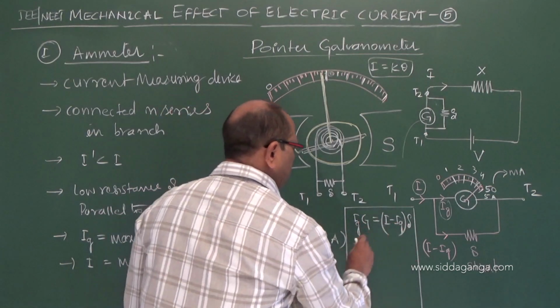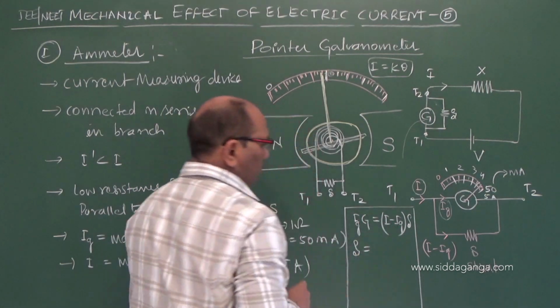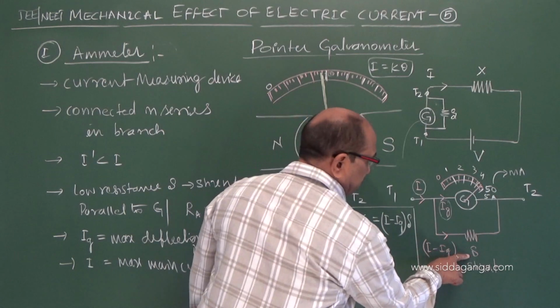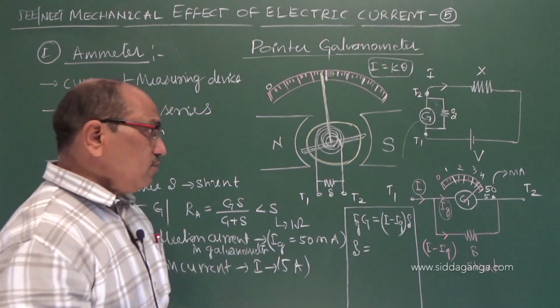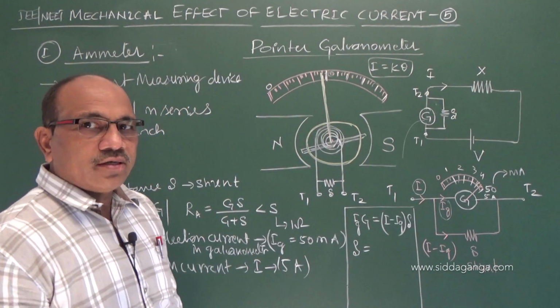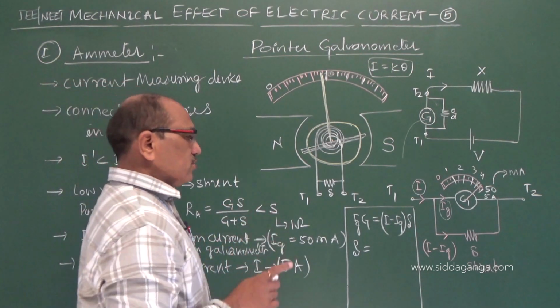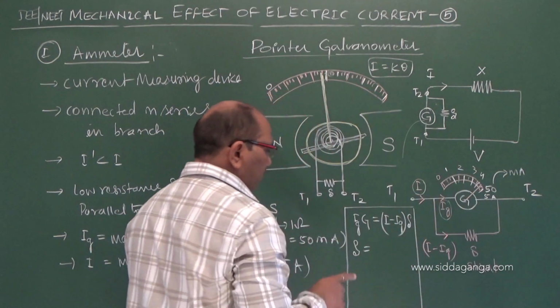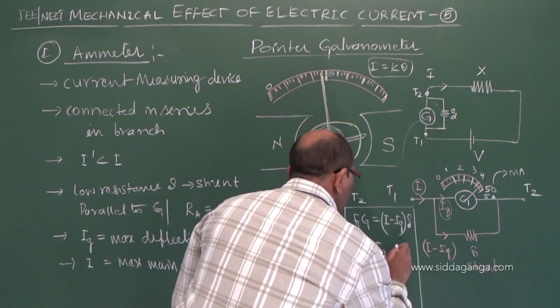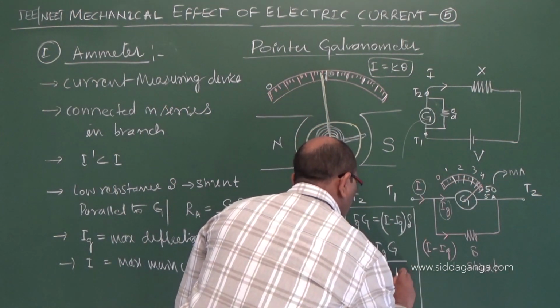Or if I want to calculate S, what value of shunt resistance is to be connected to convert a 50 milliampere galvanometer into a 5 ampere measuring device, with 50 divisions, S equals Ig G upon I minus Ig.